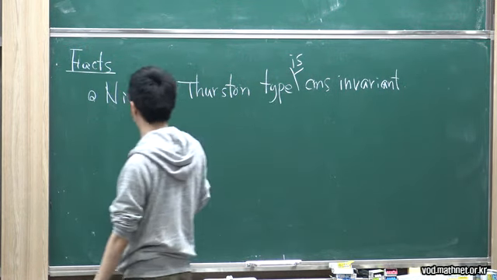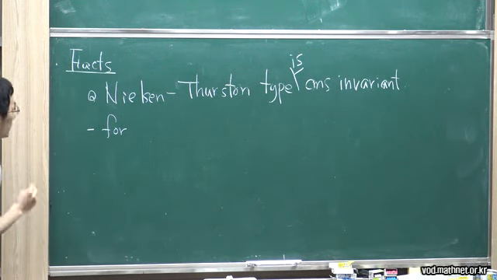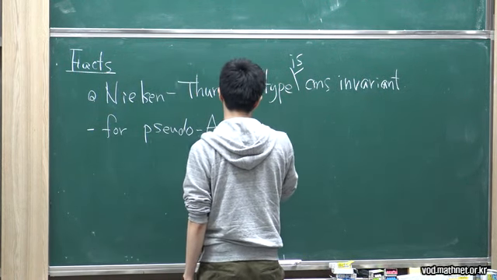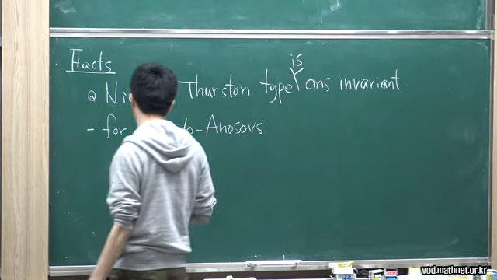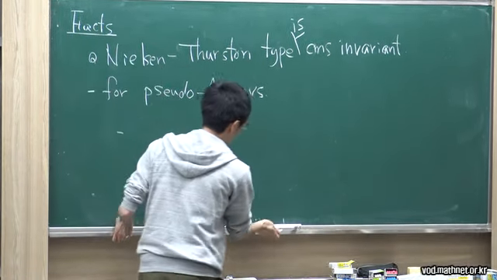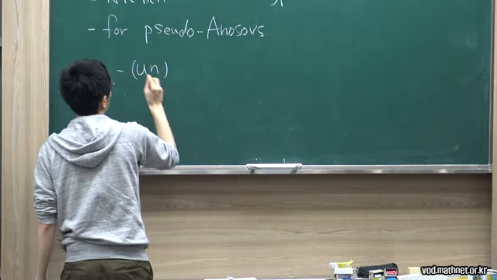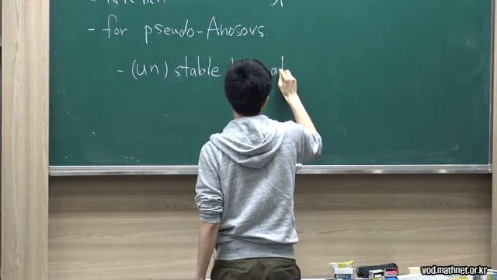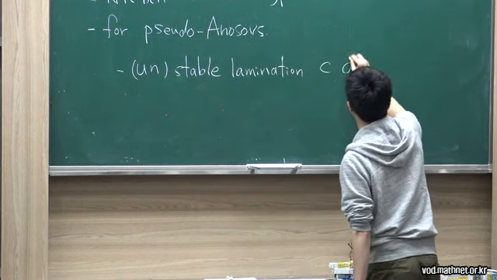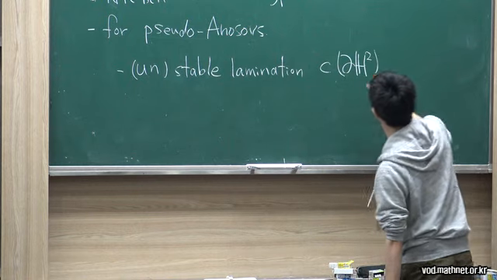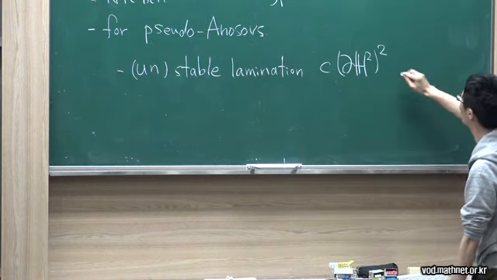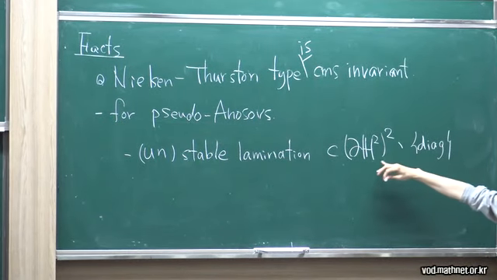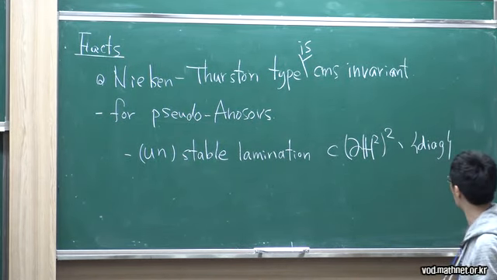Especially, I would like to think about pseudo-Anosov elements. For pseudo-Anosov elements, for example, we have a stable lamination and an unstable lamination, and we think of this as a subset of this space, boundary times boundary minus diagonal.